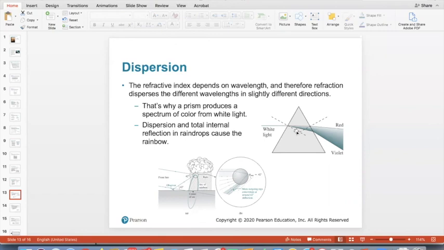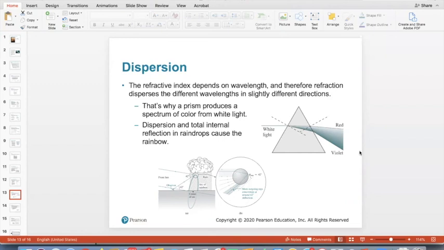Purple gets bent more than red does. That's how a prism works. So white light comes in, that light gets spread out, and then if we allow it to go through another side, it will get spread even more, and that's how a prism turns white light into the colors of the rainbow.